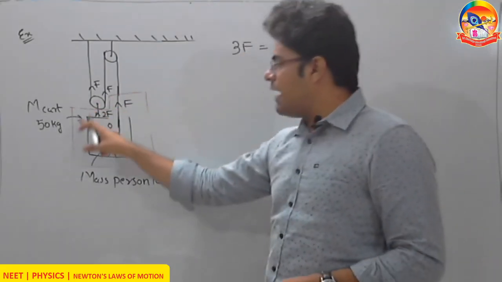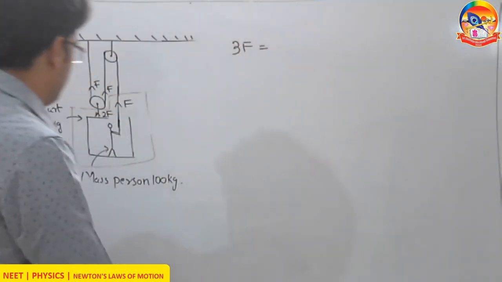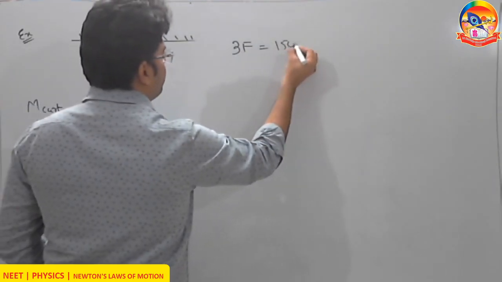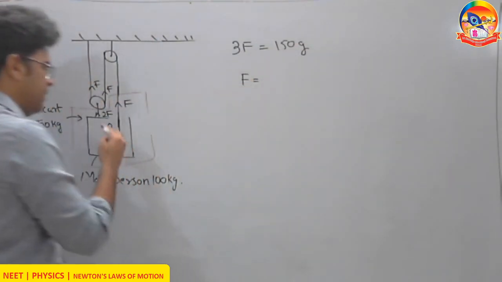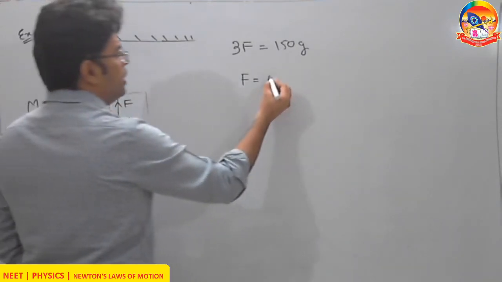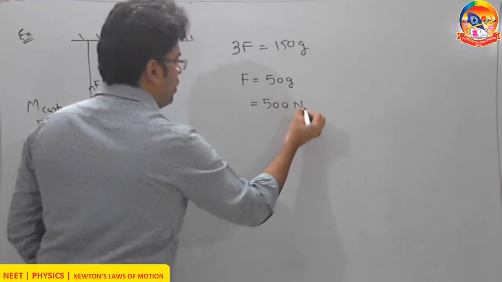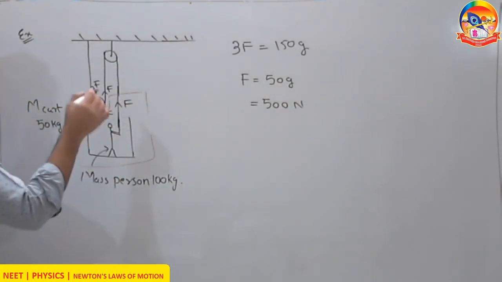The force of gravity acting on this person plus cart will be equal to overall mass 150 kg into 10, so that is 150 g. So the force that must be applied by the person on this string has to be 50 g, and that equals 500 Newton.